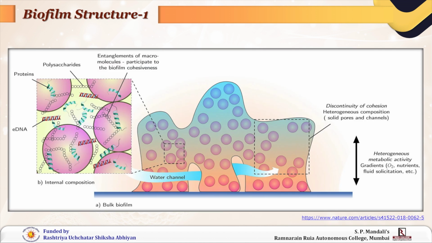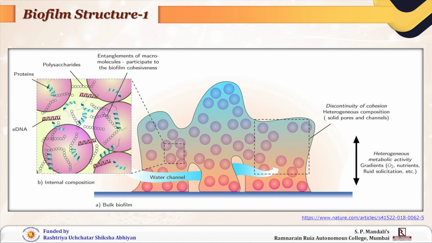So here is a diagrammatic presentation that shows us the 3D structure of a biofilm. The first one is the bulk biofilm, where you can see how the water channels are formed in the 3D structure. These water channels, as it's shown, allow the flow of nutrients in and out of the biofilms through the biofilm architecture. It also shows us the discontinuity of cohesion, that is the heterogeneity of the biofilm, where you will see some pores and channels formed.